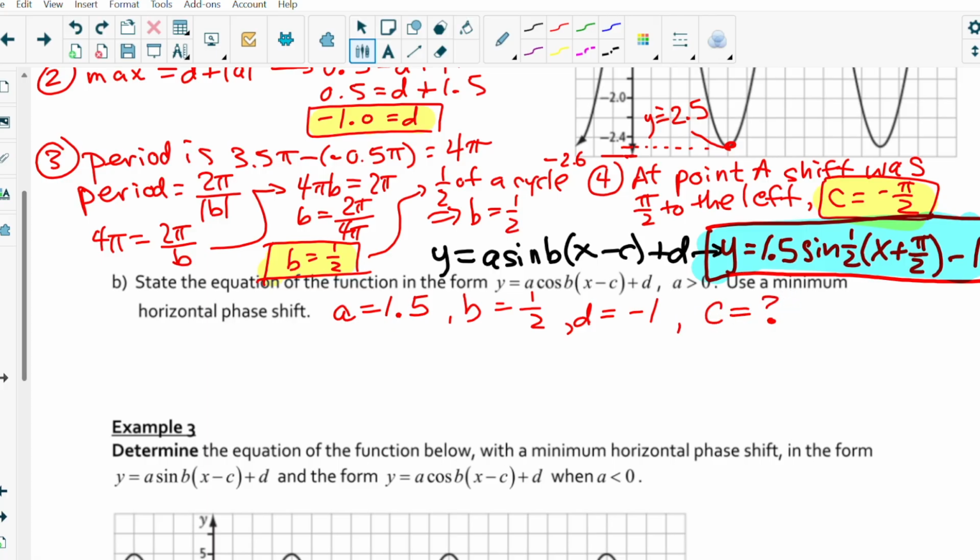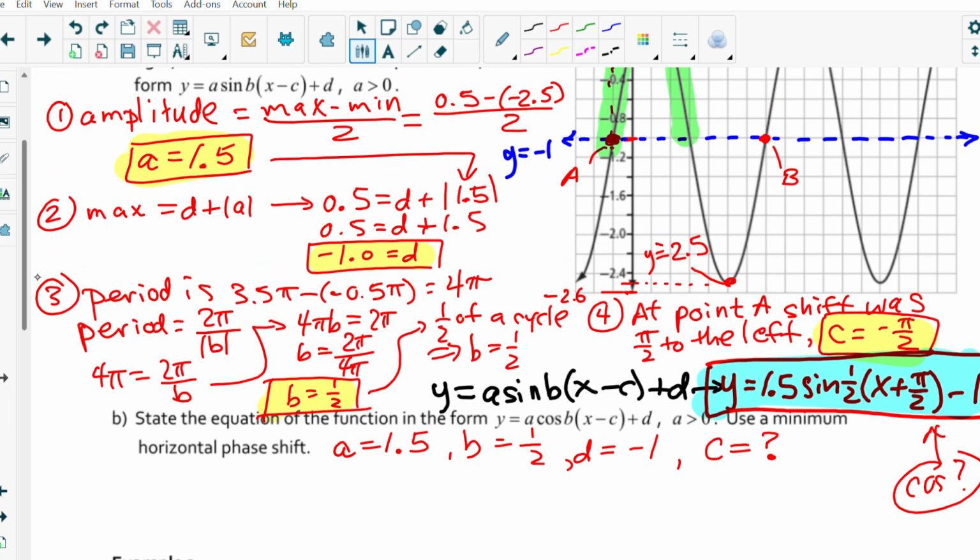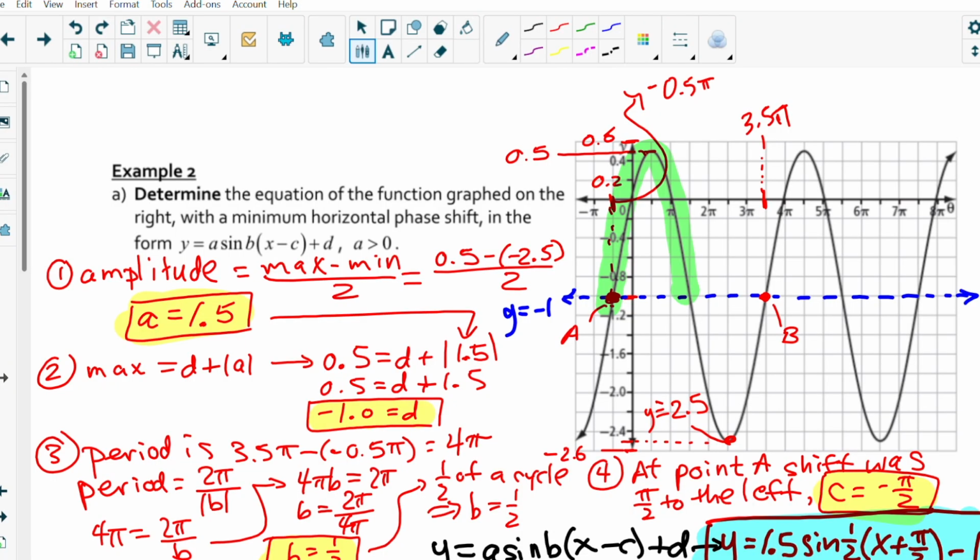What is my C value? I need to make a phase shift to match this transformed graph and make it in terms of cosine. So what is this in terms of cosine? Let's label on here point K. So I'm going to label this right here.